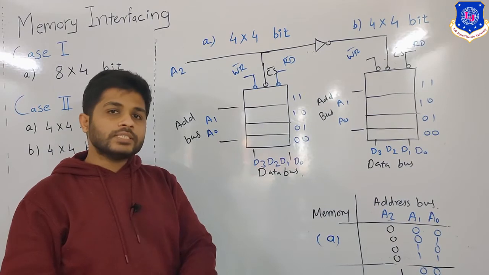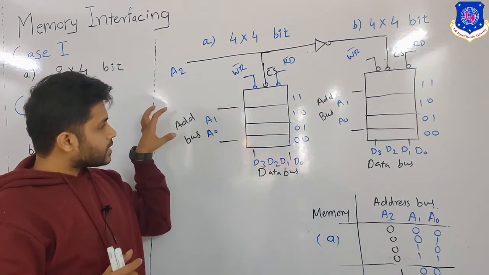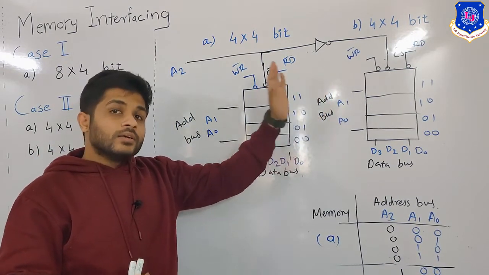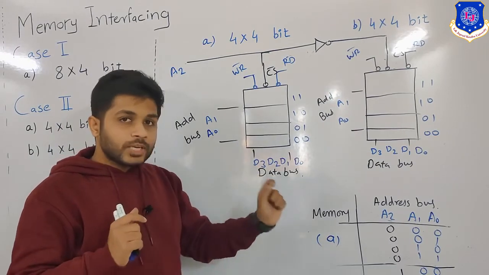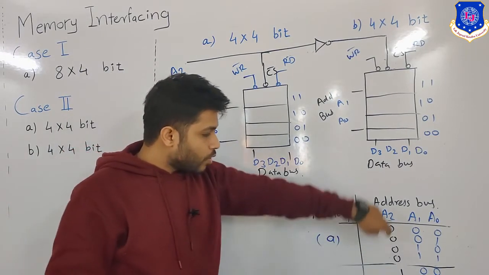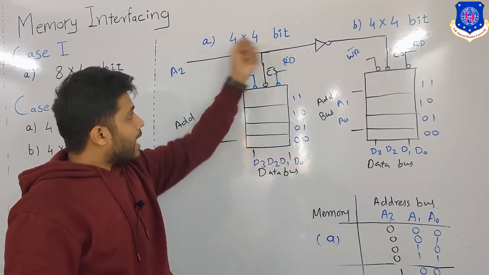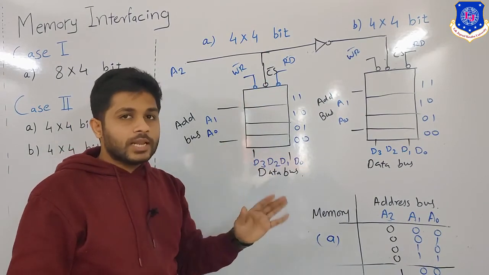Now tell me, when we send 1, 0, 1, what will happen? So 1, 0 we are sending here and here. But a location will only be selected when that particular chip is selected. When A2 is 1, a high signal will arrive here, so this chip will not be selected.